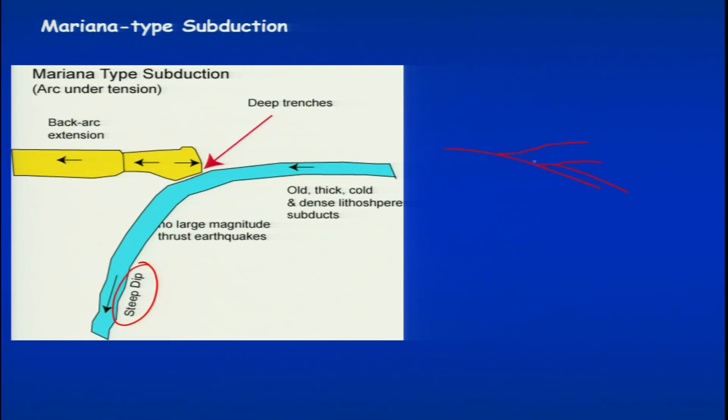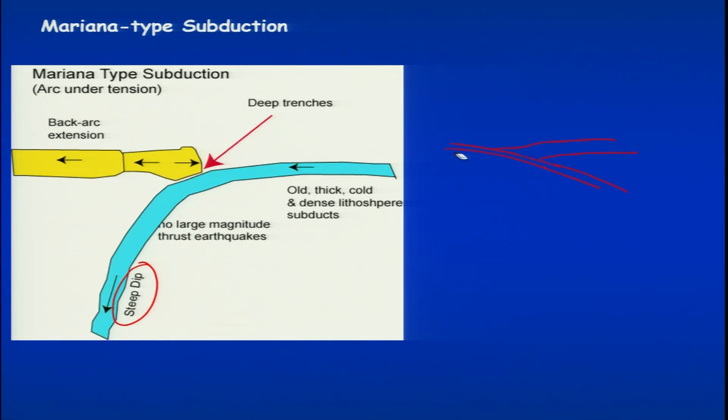Okay, so a shallow dipping subducting plate will result in shallow focused earthquakes, but in this case no large magnitude thrust earthquake will be experienced.